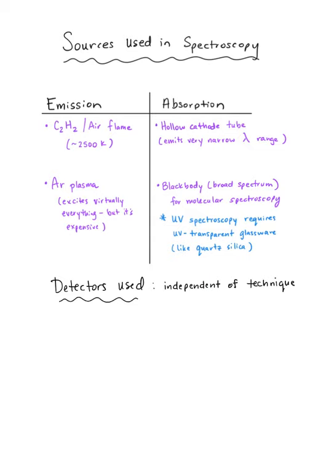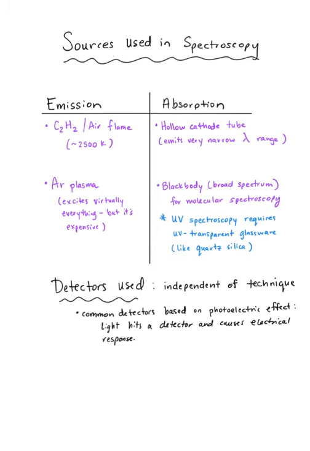Lastly, let's discuss the detectors that might be used in an emission or absorption experiment. The choice of detector is independent of the experiment type that we choose, because in both experiments, all we're interested in detecting are wavelengths or intensities of light.